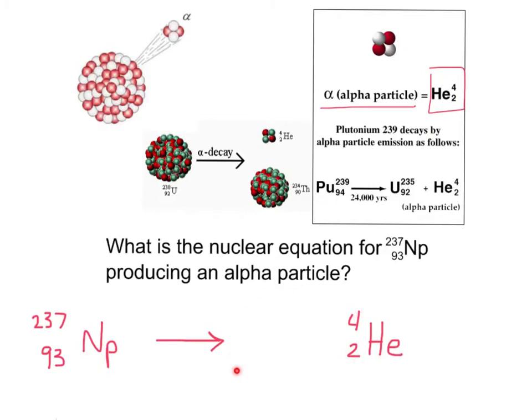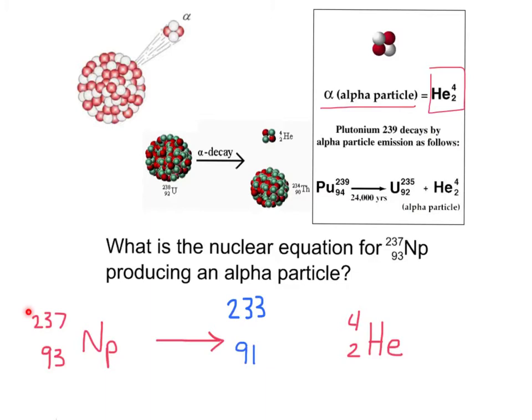Now I can figure out what needs to go here, right? I know that I need 93 protons total. I have 2 in that helium, so I know that my new nuclide must have 91, because 91 plus 2 is 93. I also know that my new nuclide must have a mass of 233, because 233 plus 4 will give me 237.